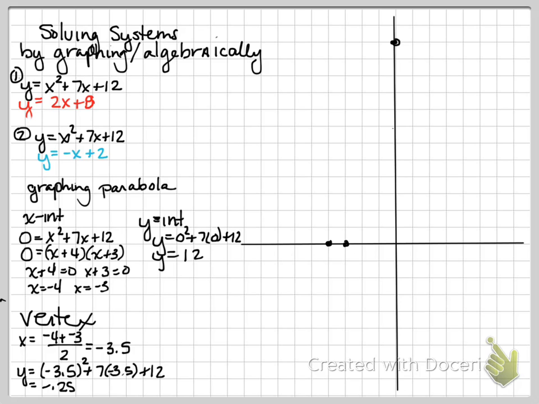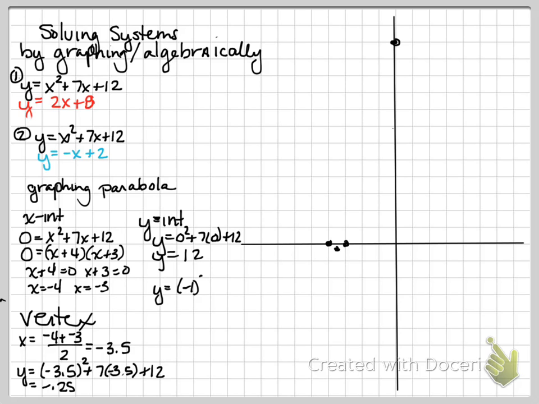Now normally we would be able to graph everything from right here, but I want it to be very accurate. So I'm going to fill in negative 1 and negative 2 so I can see how my parabola looks, because right now it's kind of spread out, and I want to clean it up a little bit. So I'm going to put a negative 1 in.